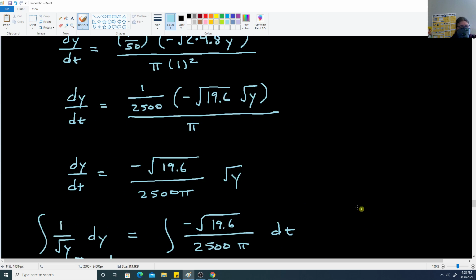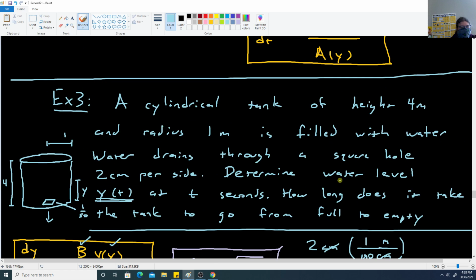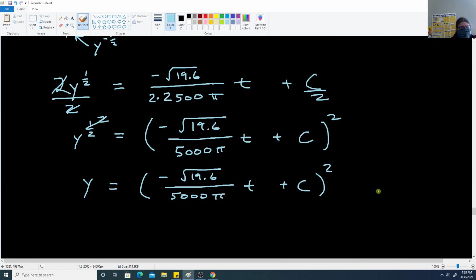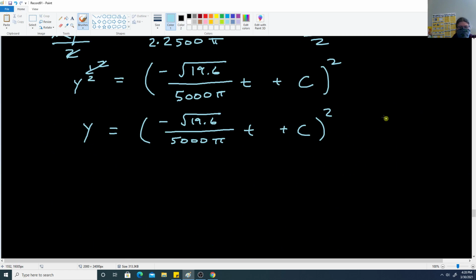So we're going to use, they said the tank started from full. Said the tank's filled with water, so it started from full. So what that means is at this point, y of 0 equals 4.